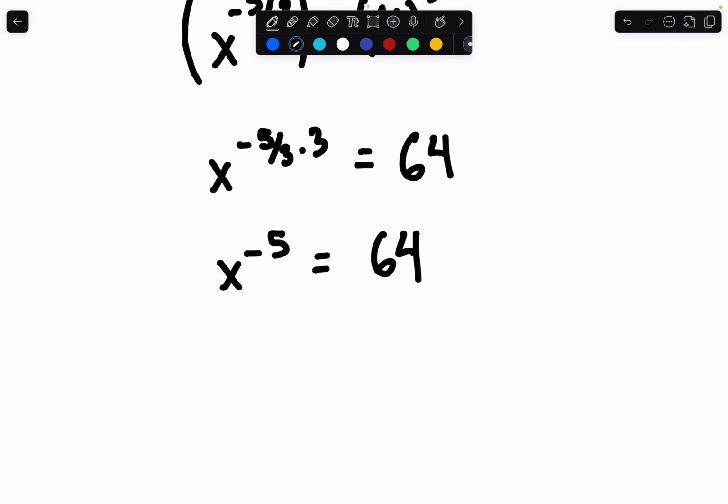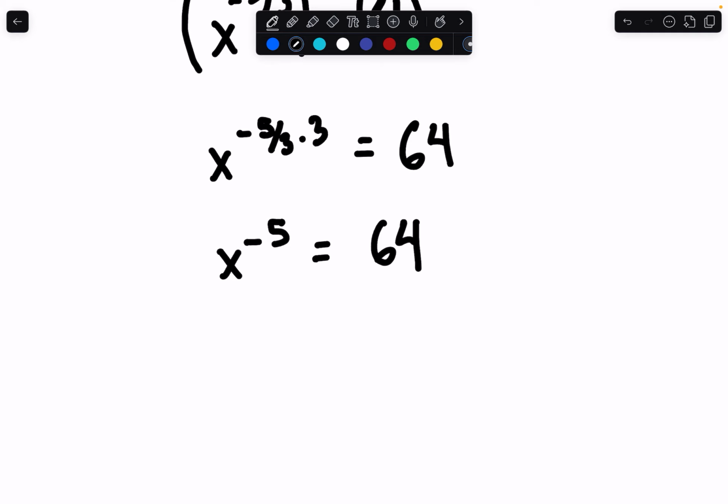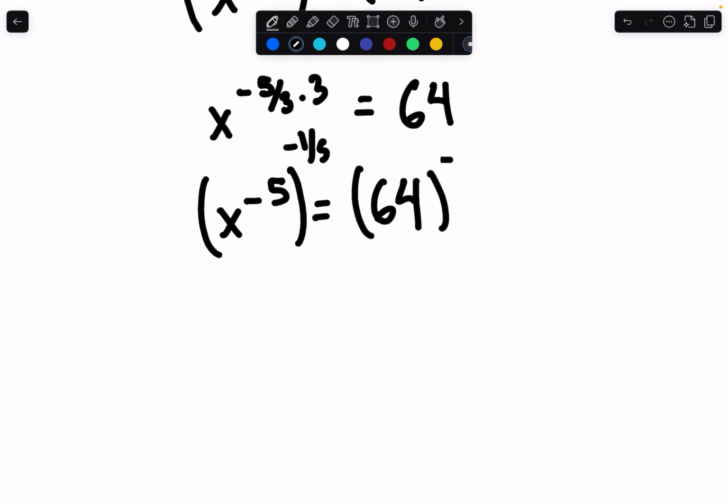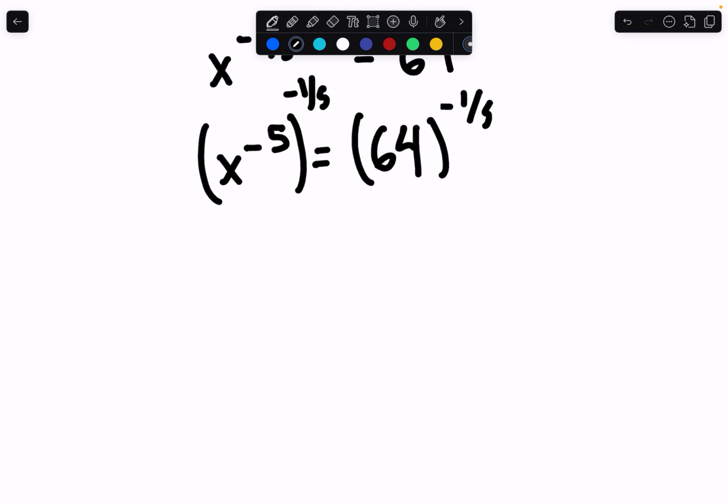And now the way that we can wrap this up is how do we turn negative 5 into 1 is by putting this all to the power of negative 1 over 5. And what this gives us is x is equal to 64 to the power of negative 1 over 5.